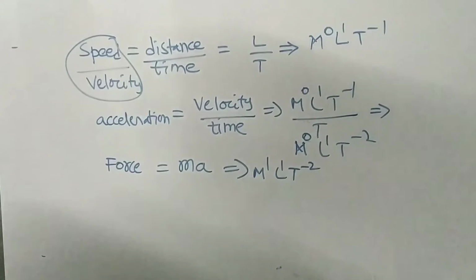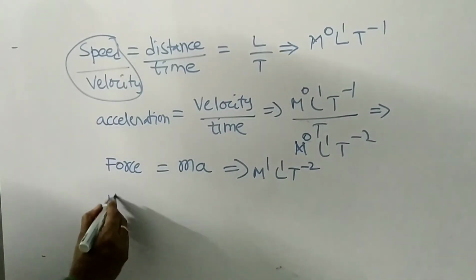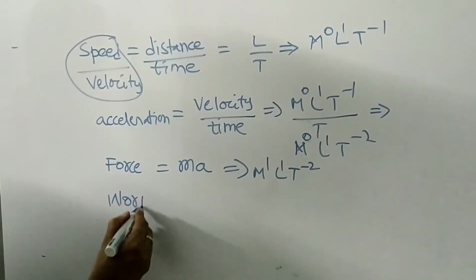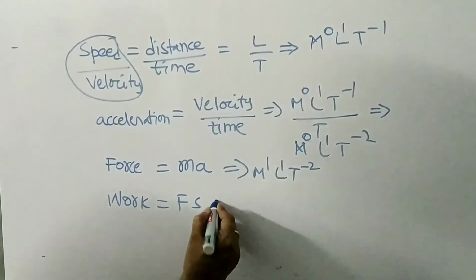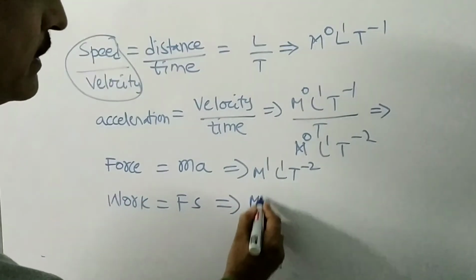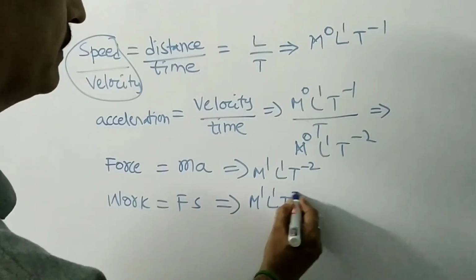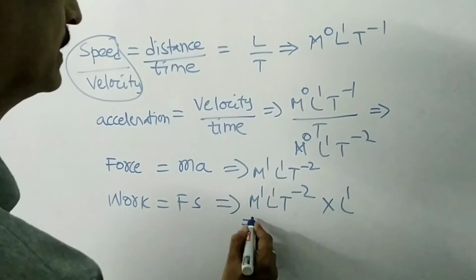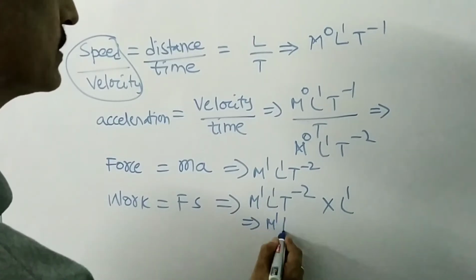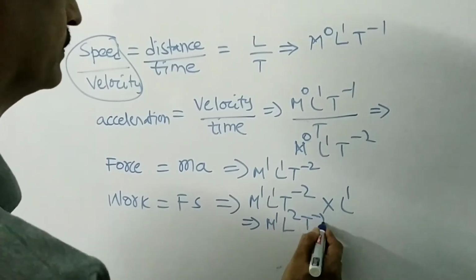If you know the force, now you can write work. Work done is force into displacement, F into S. So M to the power of 1, L to the power of 1, T power minus 2, into displacement, which is L to the power of 1. So M to the power of 1, L square, T power minus 2.